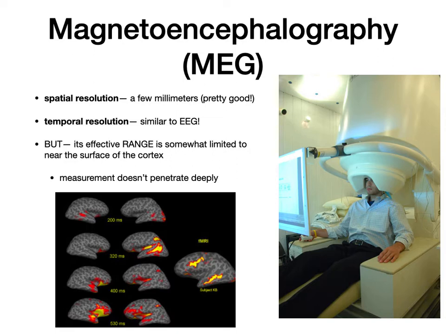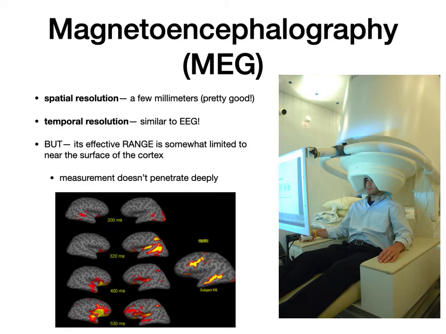Now, there is one issue. It doesn't penetrate deep into the brain. So it might miss some activity from lower, deeper layers. It gets most of the top level of the cortex. We'll talk more about cortex in a future lecture about what's going on up there. But the idea is that to get this powerful measure, we are still giving up a little bit.